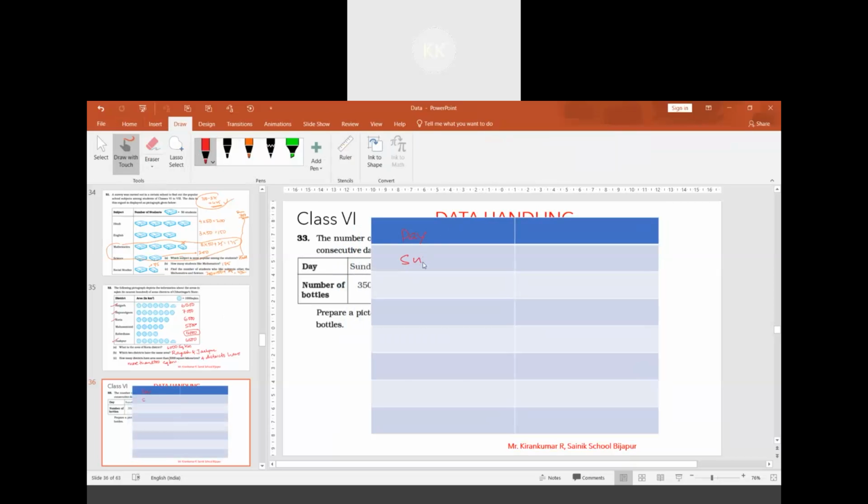They are Sunday, Monday, Tuesday, Wednesday, Thursday, Friday. These are the days given, and we have to consider a symbol. Say this is a symbol of a bottle.